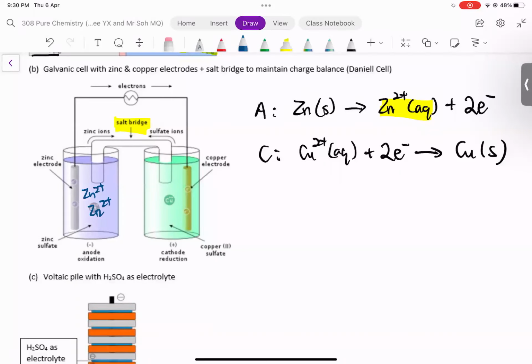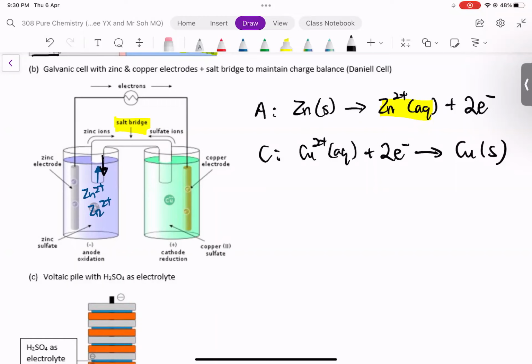So does it mean that the left-hand side will become positively charged and more positive with time? Is that sustainable? The answer is, of course, no, right? Your solutions must remain electrically neutral. So one way for it to remain electrically neutral is for the Zn2+ to slowly move up the salt bridge, and for the negative ions to move down into the solution.